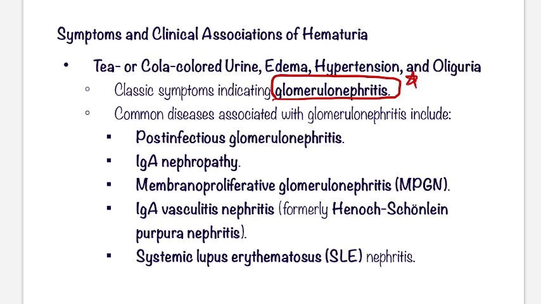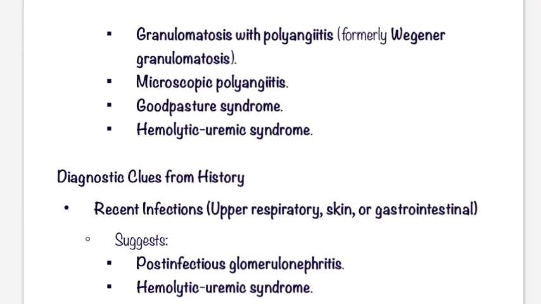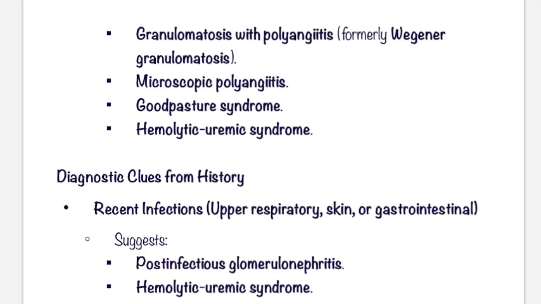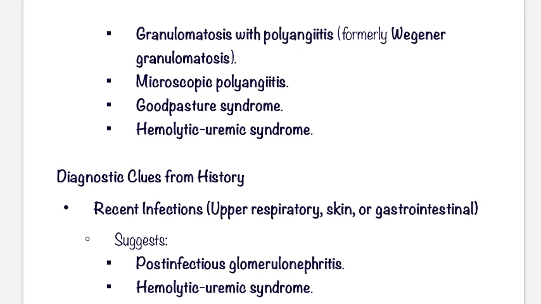So under the umbrella of glomerulonephritis, there are PSGN, IgA nephropathy, MPGN, IgA vasculitis nephritis, SLE. Other things are granulomatosis with polyangiitis, microscopic polyangiitis, Goodpasture syndrome, and HUS.